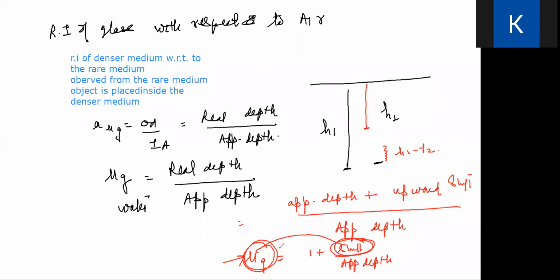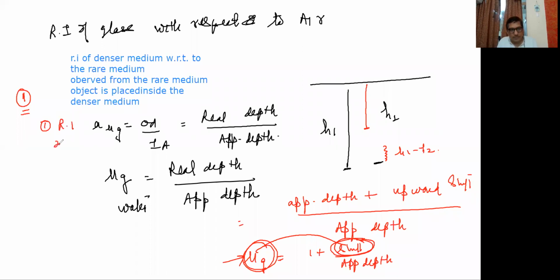So the refractive index of the denser medium, the wavelength or the color of light. Okay, first point, the refractive index of the denser medium.